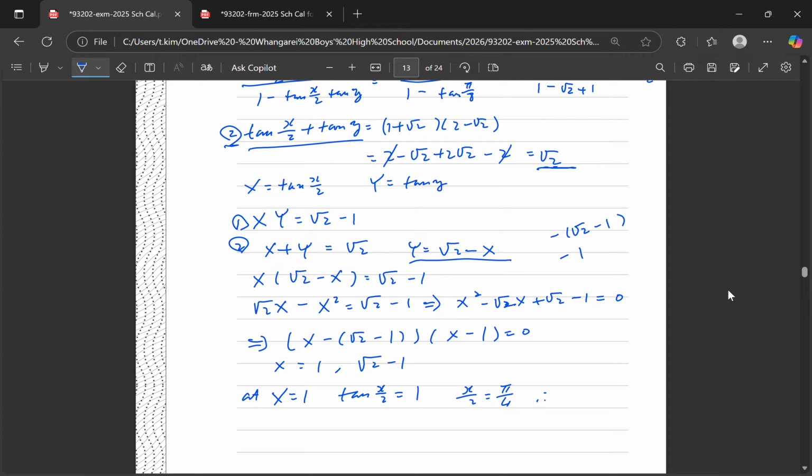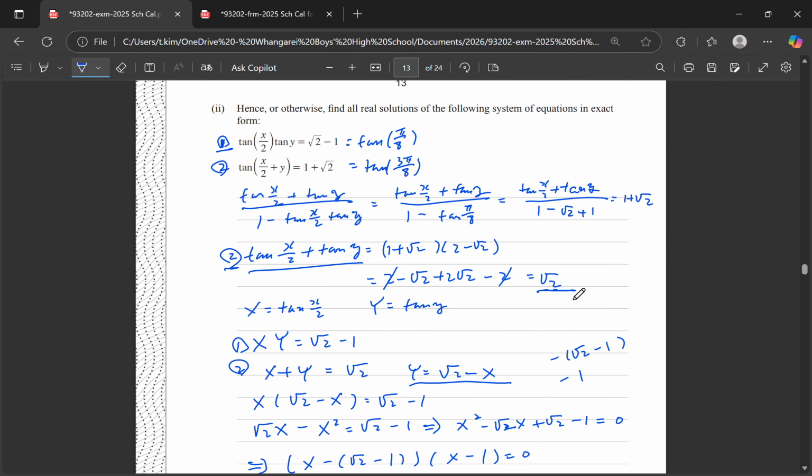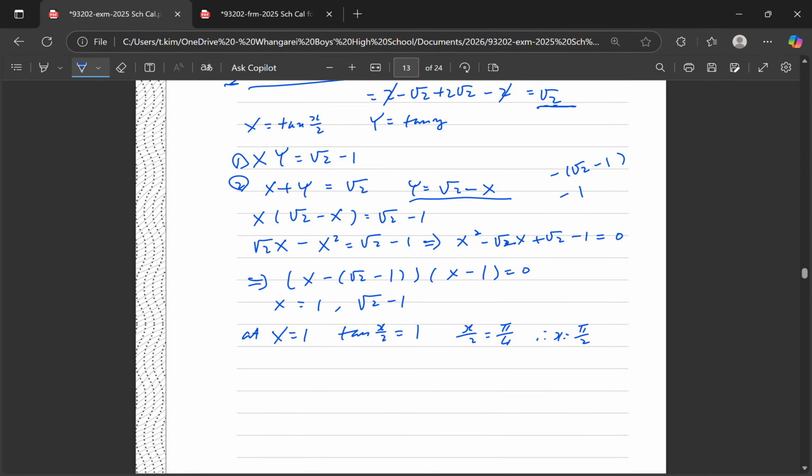So hence x equals, times by 2 on both sides, leaves π/2. Do you remember the question says all real solutions in exact form. So this is exact form, π/2. So that's cool. And then you have to say 2aπ, where a is a real number.